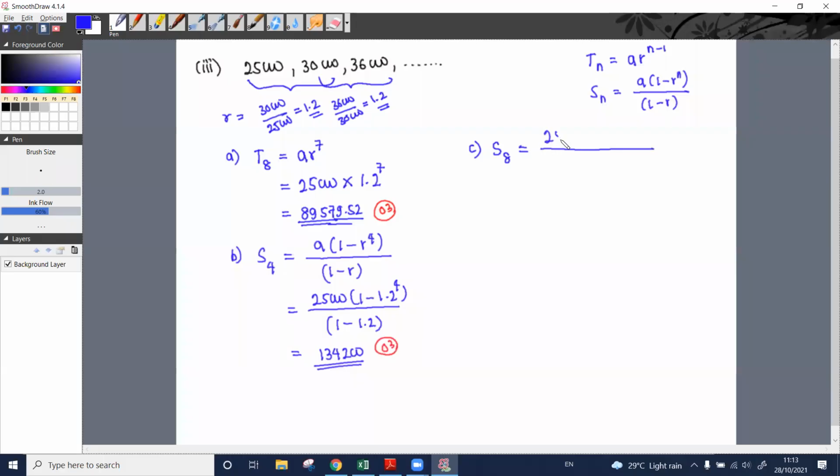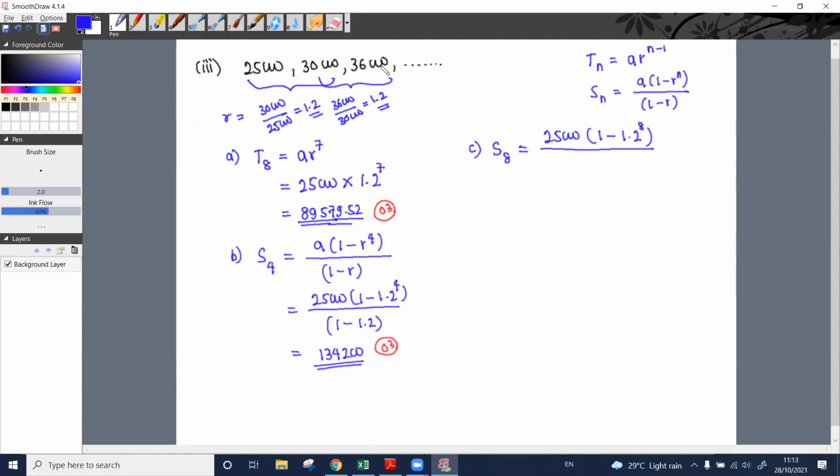Value of A is 25,000 into 1 minus r to the power, sorry, not 7, 8. Right? To the power 8.